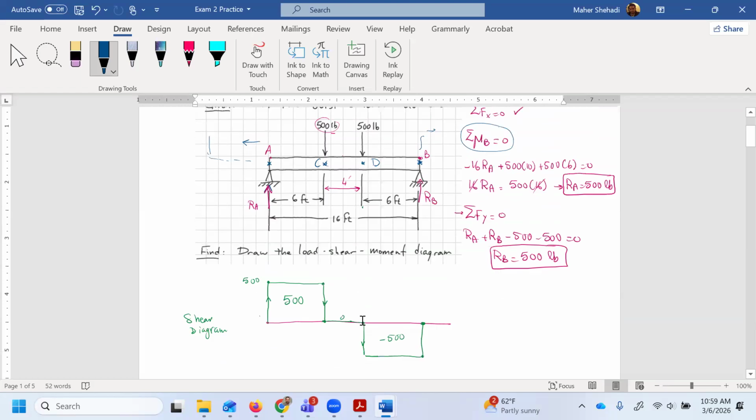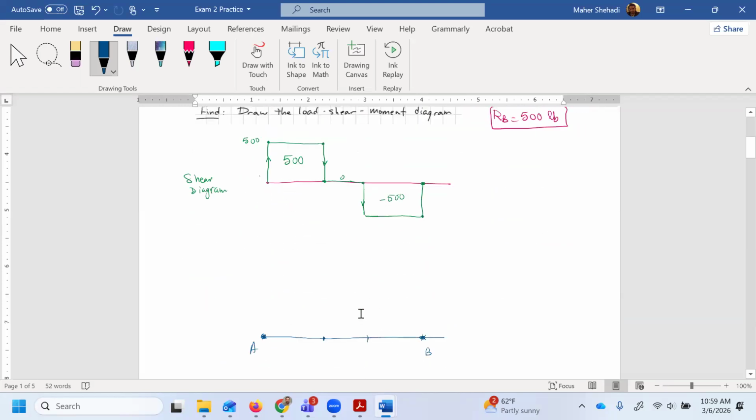Again, there are 2 different ways which we can solve to find those moments. Let's use the regular method. I'll only find C, and then the same would go for D because it's symmetrical.